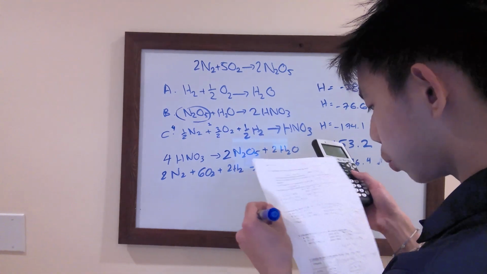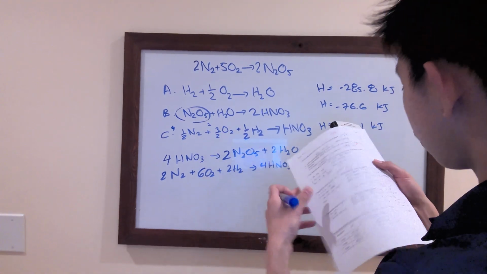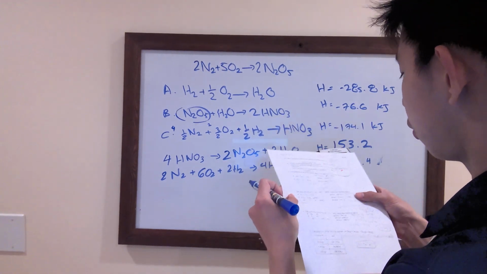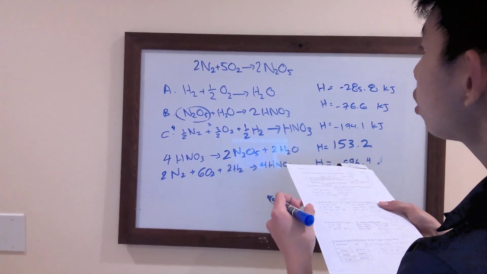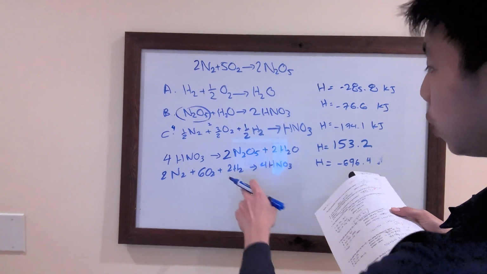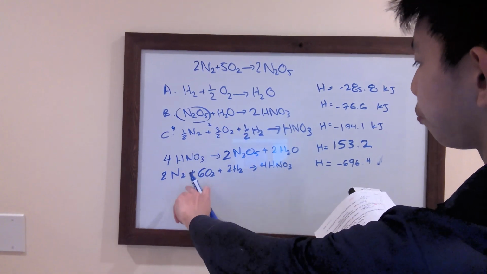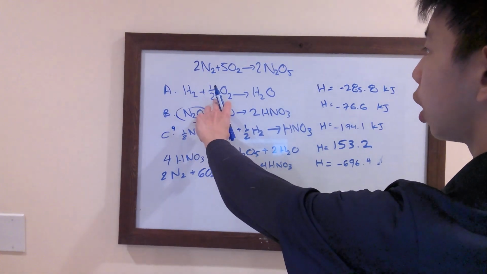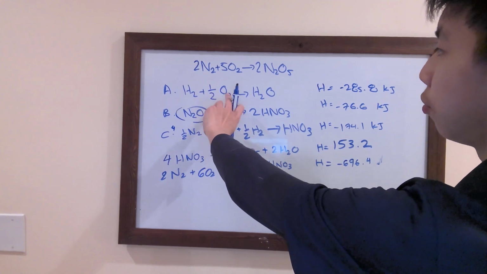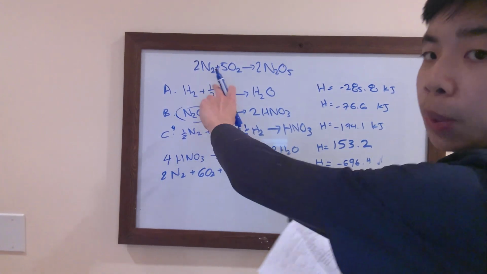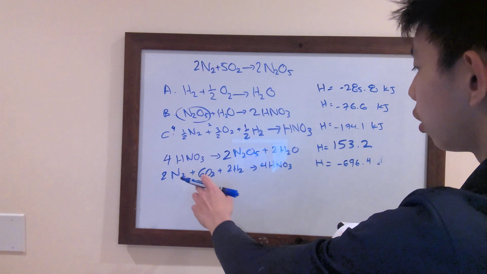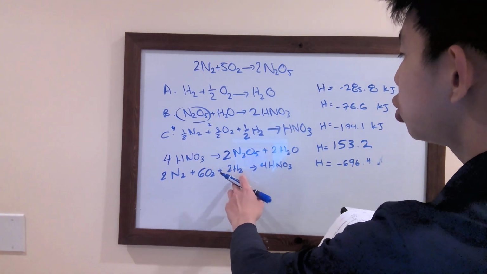Okay, and then this one, right? For the first one, we have to look. This one has to be the equation that we have to flip, or we have to manipulate this one because look, there's an H2 right here.